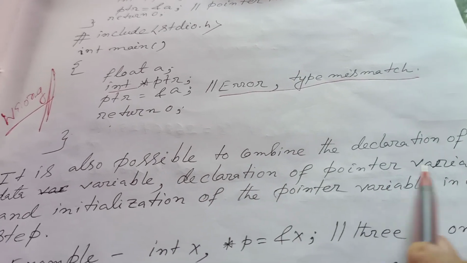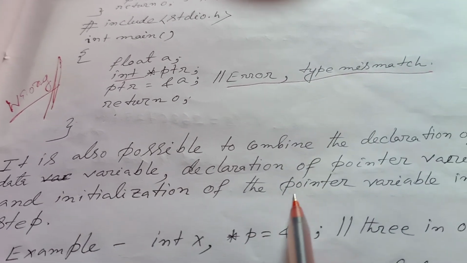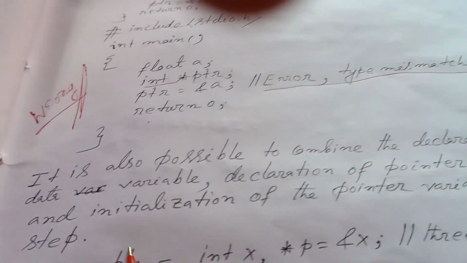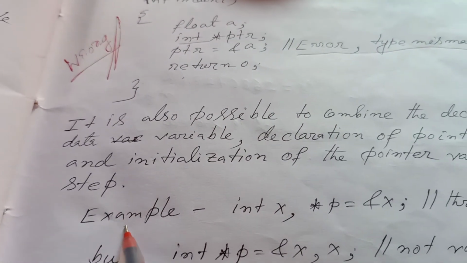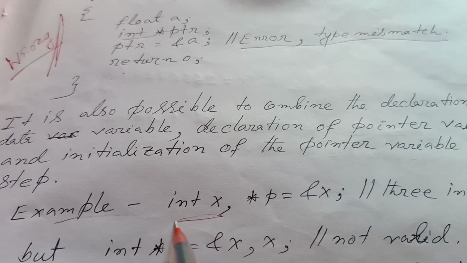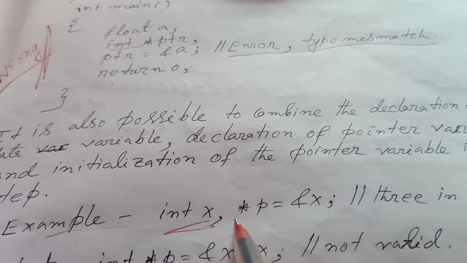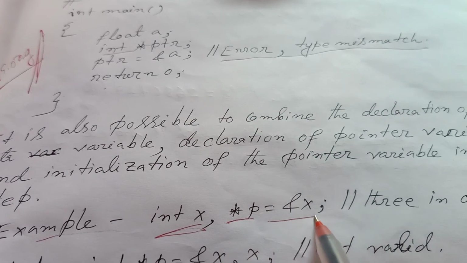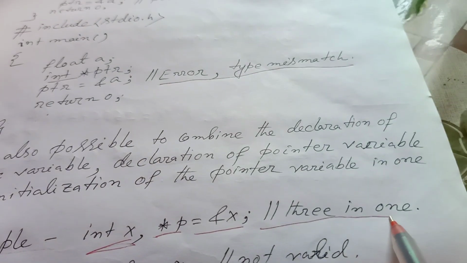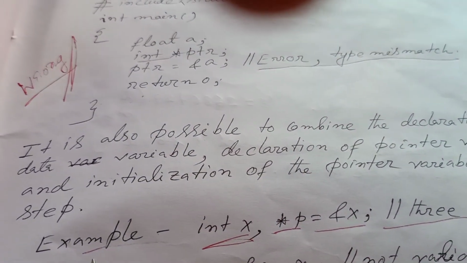It is also possible to combine the declaration of the data variable, declaration of the pointer variable and initialization of the pointer variable in one step. Example is int x, int *p = &x. Okay.